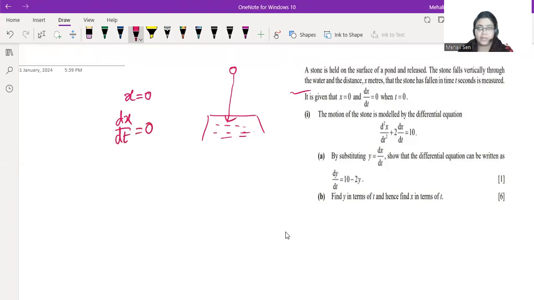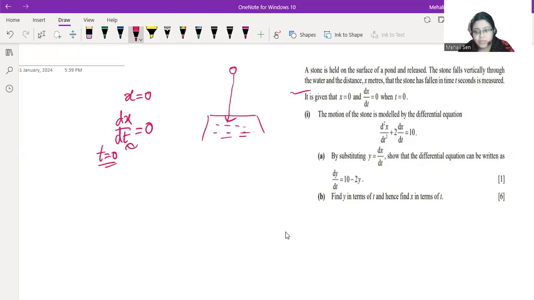I believe in class 11 you have already learned what dx/dt is, right? The rate of change of x, the distance, with respect to time. If x is equal to 0, then we can easily put dx/dt equal to 0. This is the condition given when t is equal to 0.